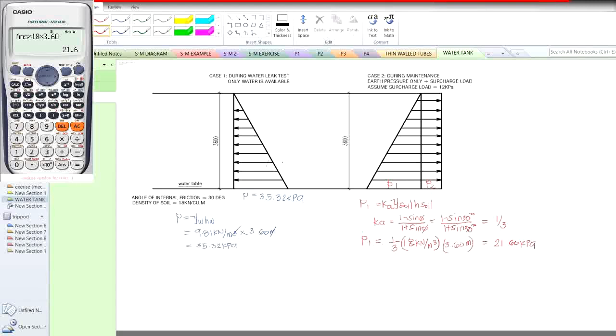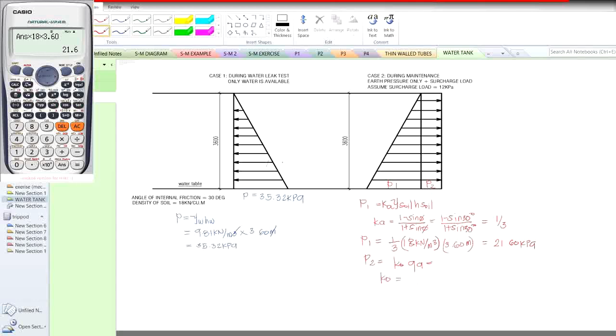What about P2? For P2, it is given by the formula Ko multiplied by qa. Now, what is this Ko all about? Ko is a Rankine's coefficient for a condition where it is at rest. Meaning to say, for example, the surcharge load is at rest, so we're going to be using Ko. And qa represents the surcharge load. So, direct substitution. We don't know yet the value of Ko, but we can compute.